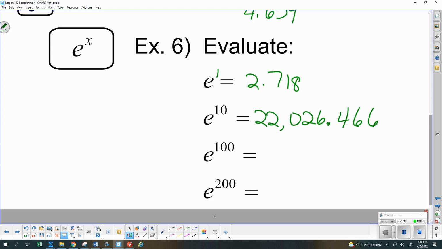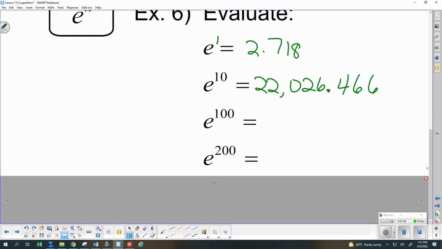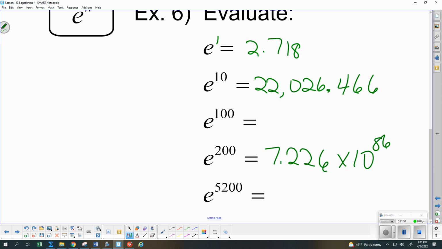And in the interest of time here, let's jump down, do e to the 200. And what do you have, Alex? Boy, getting big exponents there. Let's do one more. E to the 5200. Anybody else getting an error message?